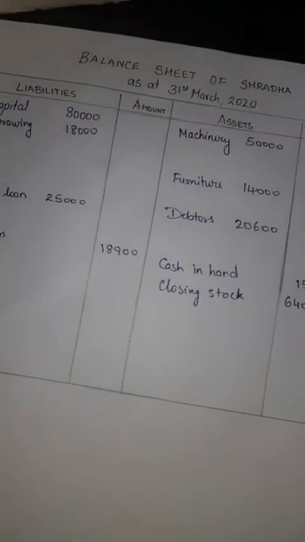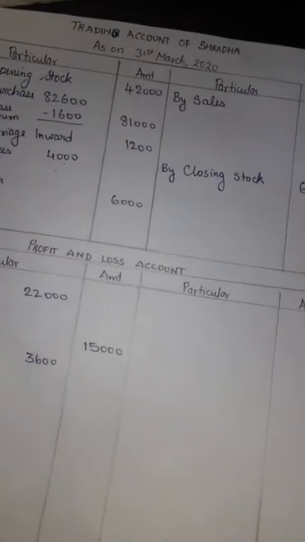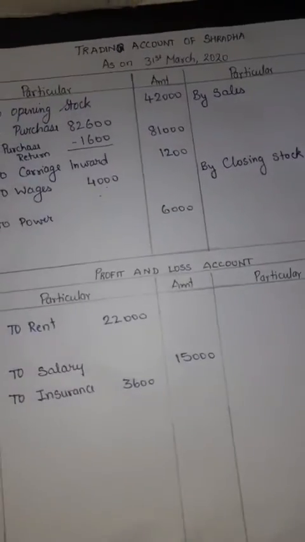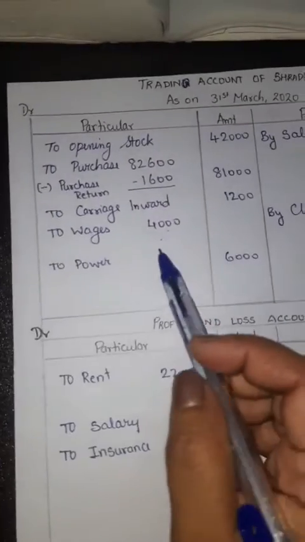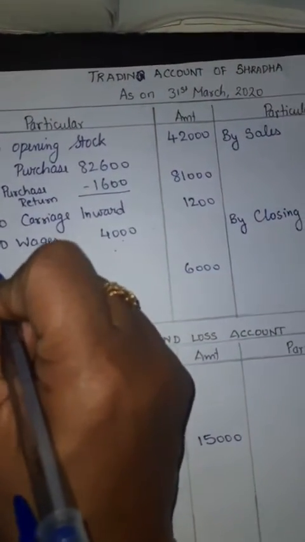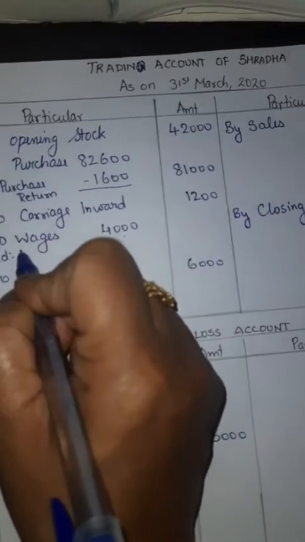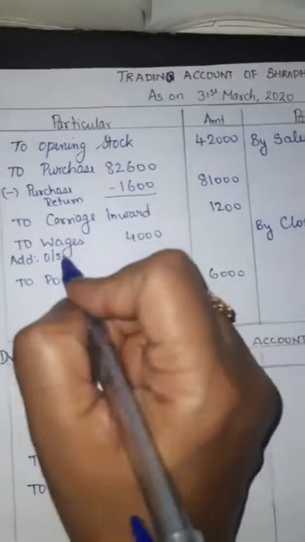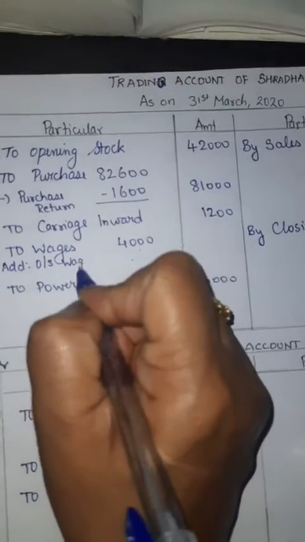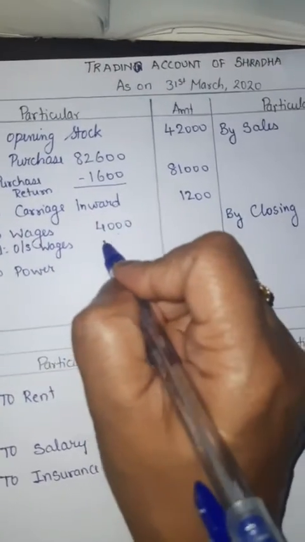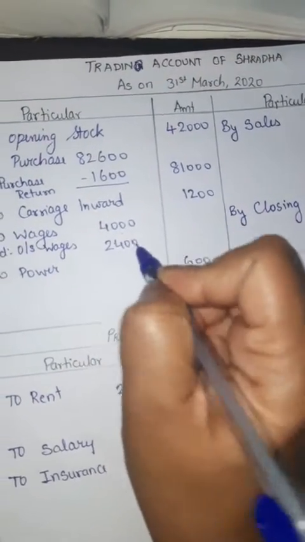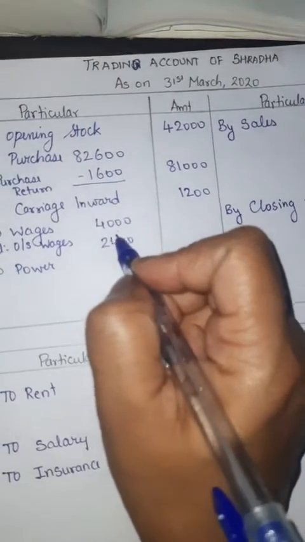You know that wages outstanding means unpaid. So we have wages already on the trading account debit side, and there is an outstanding, so you have to add outstanding wages. The amount given to you is 2400.